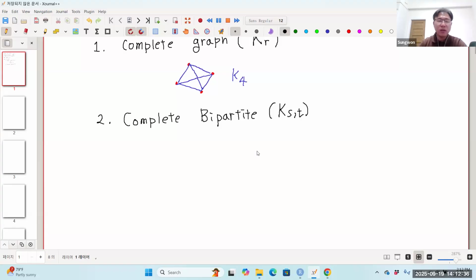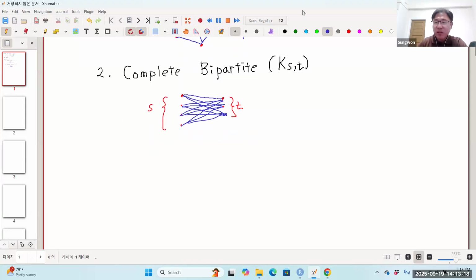So what is K_{s,t}? Suppose here you have s vertices, and here you have t vertices. This group of s and group of t do not have edges within them, but between those s vertices and t vertices, they're completely connected. Like this.